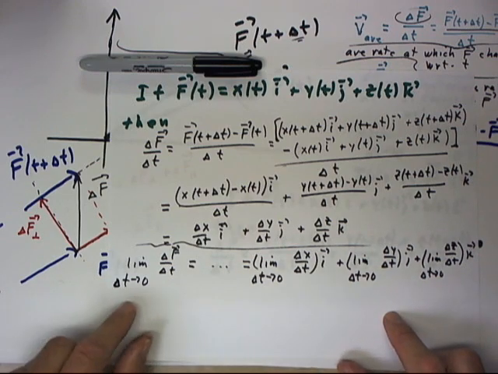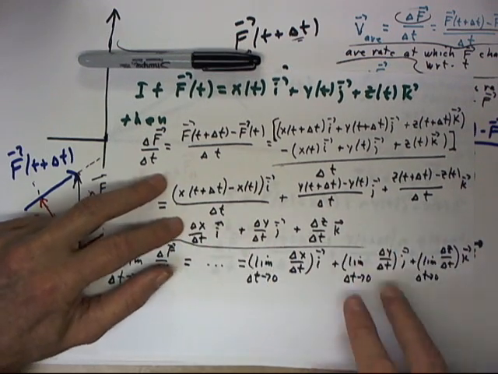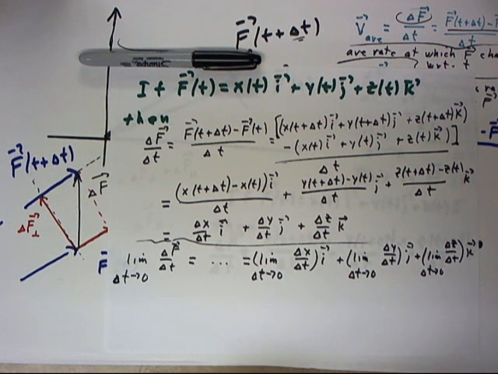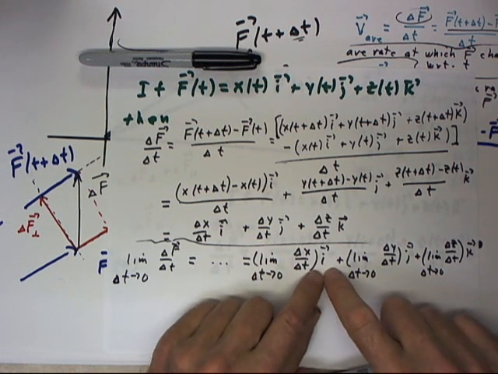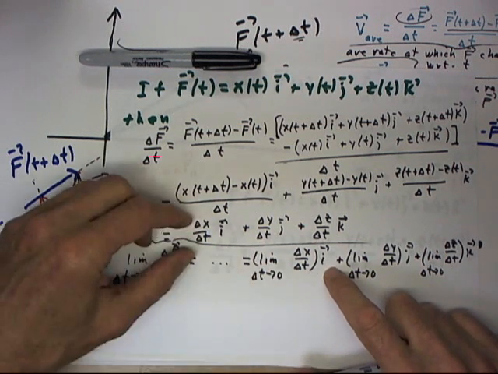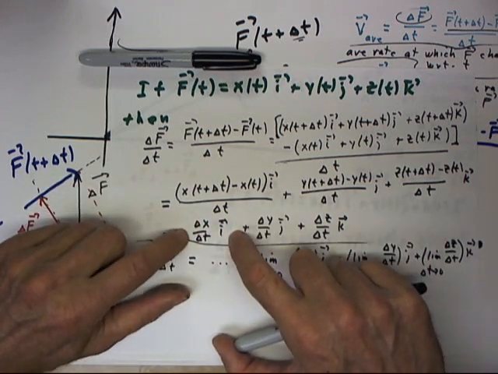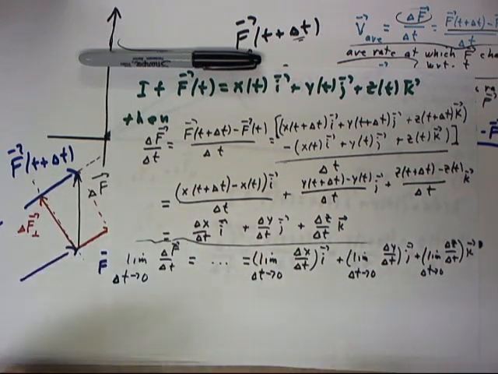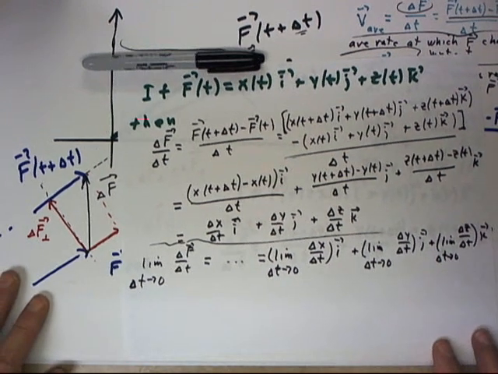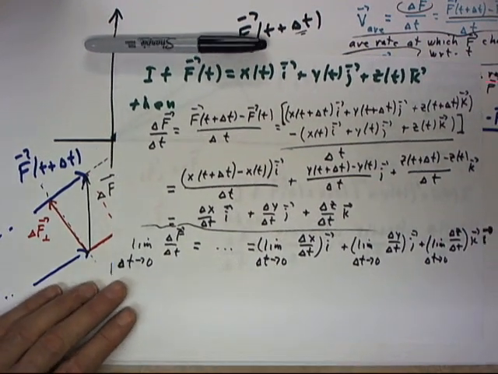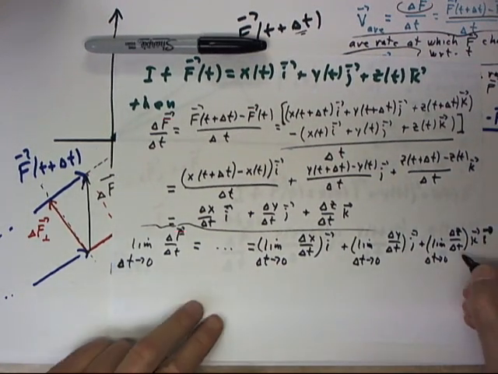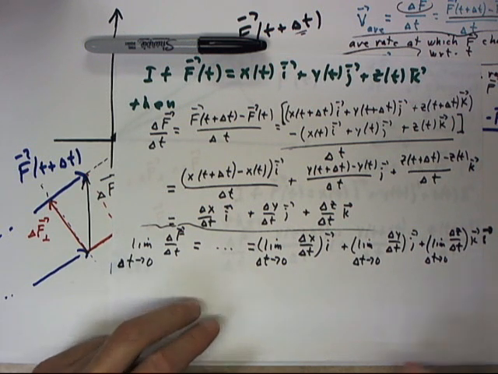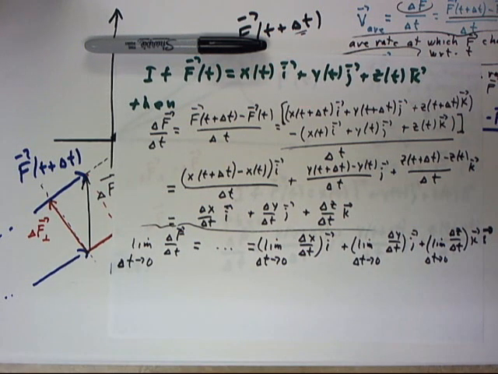Now the dots in here: I'm distributing the limiting process through a sum, and then I'm also factoring a constant vector i out of the limit of what we get from this term. A technicality, but it's important in many cases to worry about the technicalities and to develop the ability to consider those technicalities.